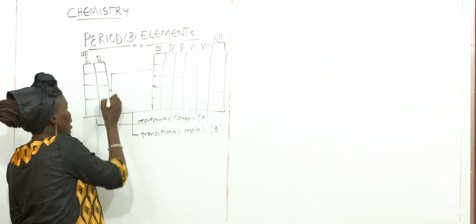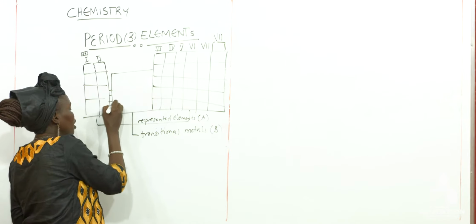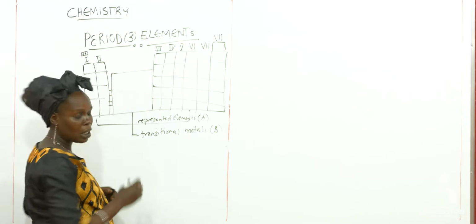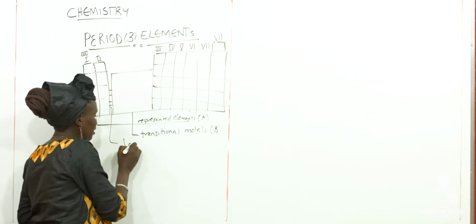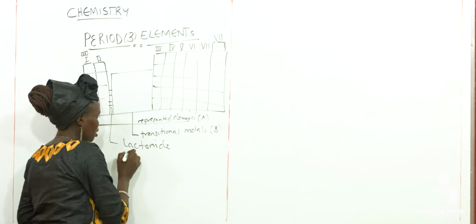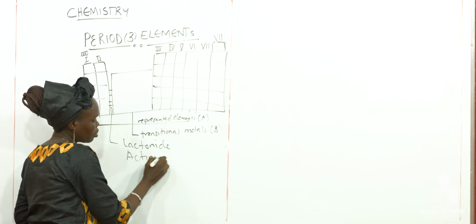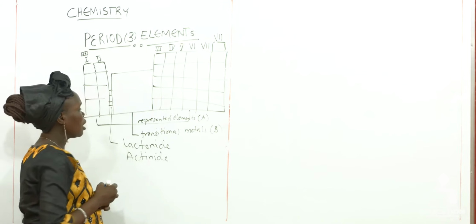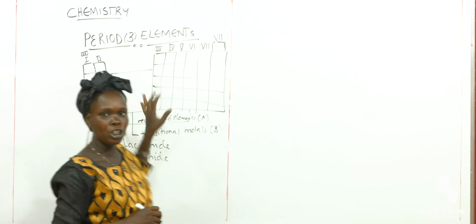There are other lines in between, which we call the lanthanides and the actinides. This is how we represent the periodic table.